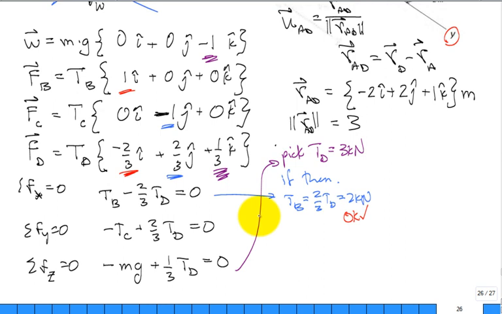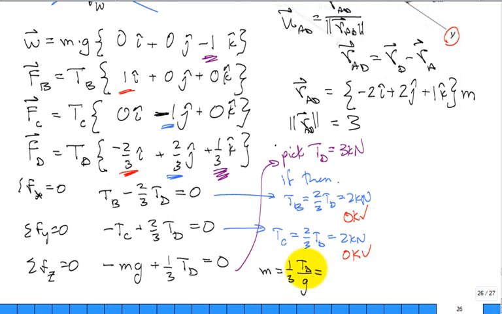All right, let's go to the next one. Let's check this one. Then we'll find that tension in C is equal to 2/3 of the tension in D. It's also equal to 2 kilonewton, and it's okay. It doesn't exceed the maximum. And then we come over here, we find the maximum mass is equal to 1/3 of the tension in D divided by g.